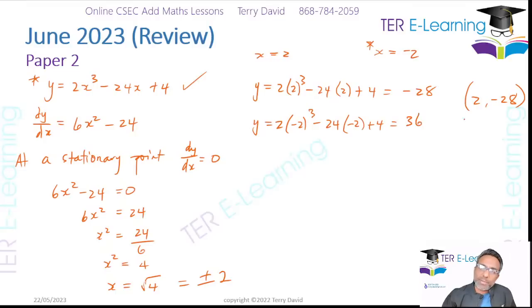You can double check my answer if you want, to make sure we get the same answer. So (minus 2, positive 36). I see somebody put the same thing in the chat. That's Michaelia.